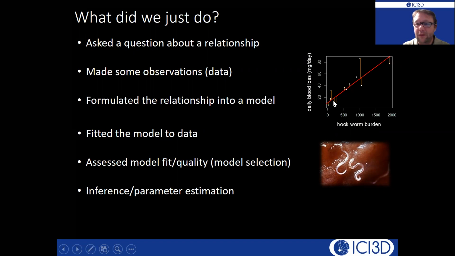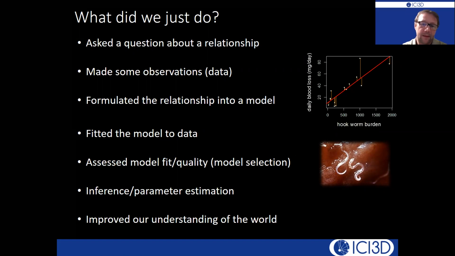Is the slope significantly different from zero? Is zero a plausible value for the slope? We found pretty strong evidence that no, zero was not a plausible value. And we came up with a range of plausible values. That was our confidence interval. And we learned something, hopefully. All of those things that we just talked about should be familiar to you.